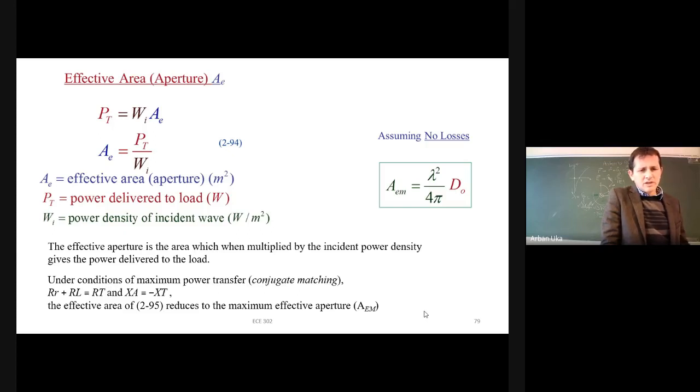Judging by the units of the quantities, it's always more relevant. So we just multiply it with the effective area, and we're going to find the total power delivered to a specific load, if we assume no losses. The area can also be described by the expression that we see here on the right side.